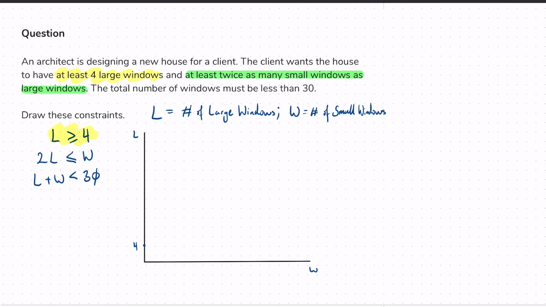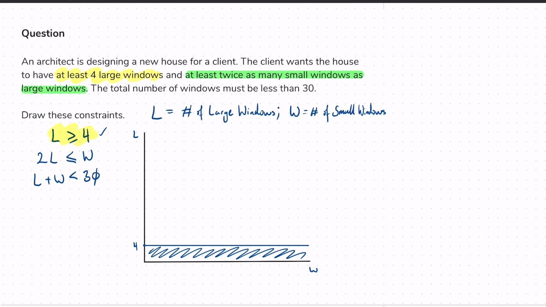I can have more, but I can't have fewer than 4. So as I draw this along here, it can be 4, but it can't be anything below. So I'm going to shade out this area. This is the area where I can't have any windows or combination. I'll give that a little tick to remind myself I've done it.